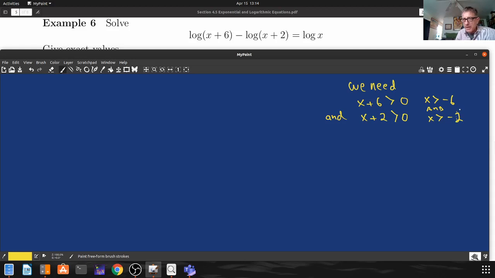If x is greater than minus 6, that's this set right here. The and indicates we're going to take the intersection. And if x is greater than minus 2, that's this set right here. This is just a quick review.